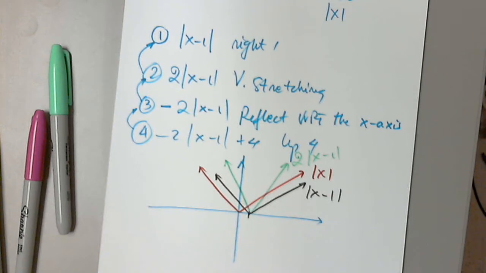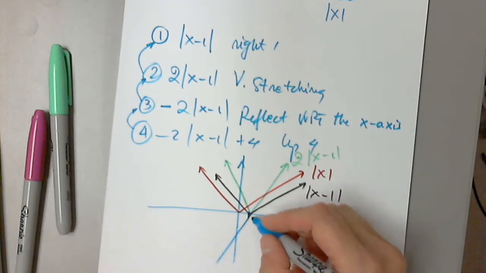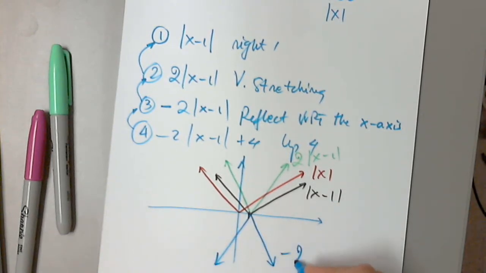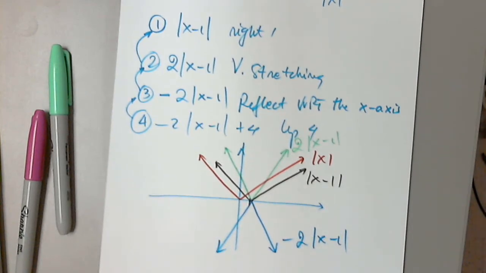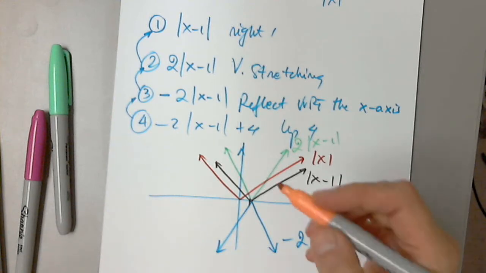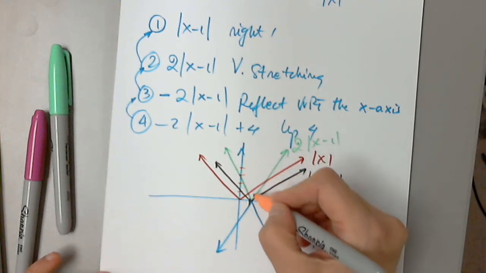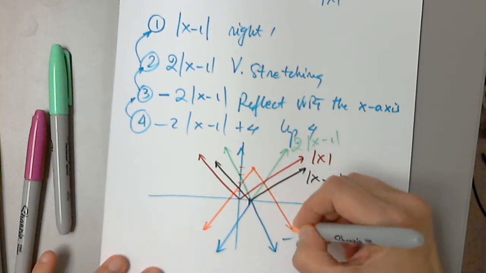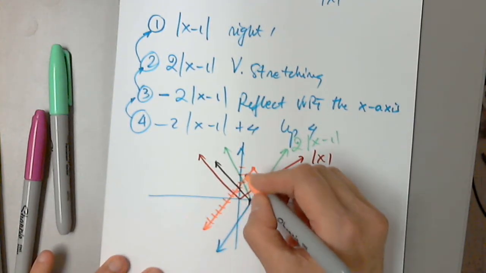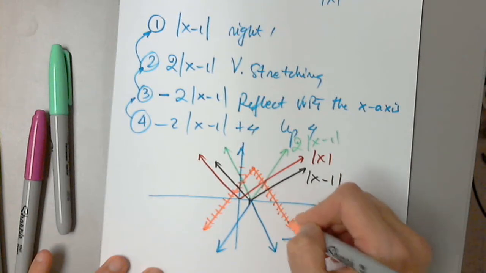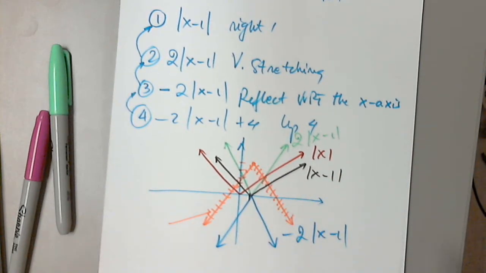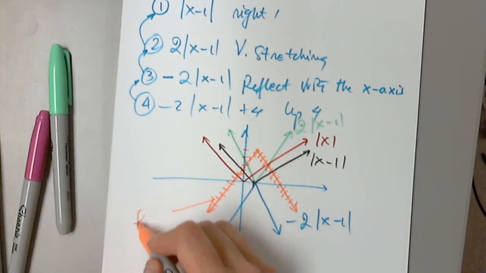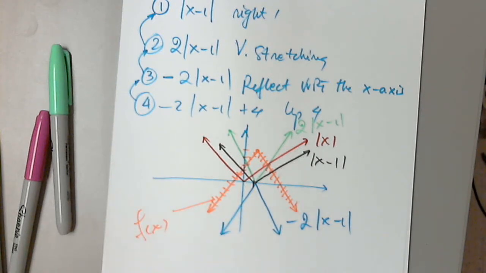Then you told me to reflect this. Awesome. -2 times the absolute value of x minus 1. And then you said shift this whole thing up 4. And in order to show you the difference, I'm just going to shade it. You don't have to shade it in like that. I just want to make sure you understand that's the final function.